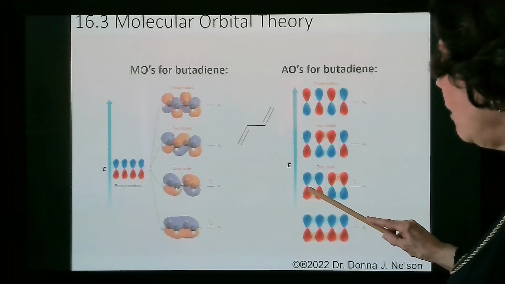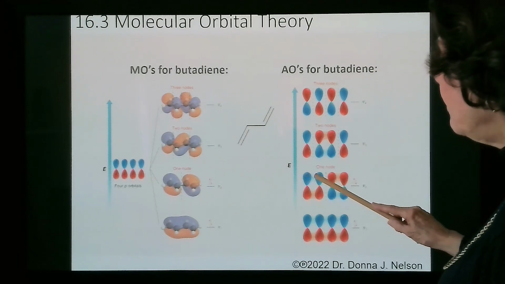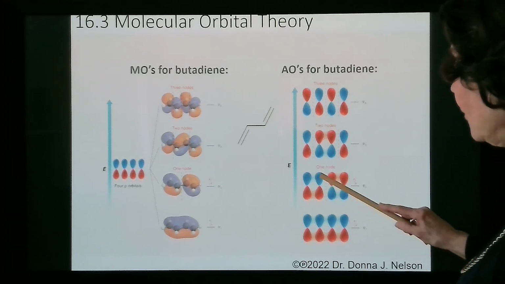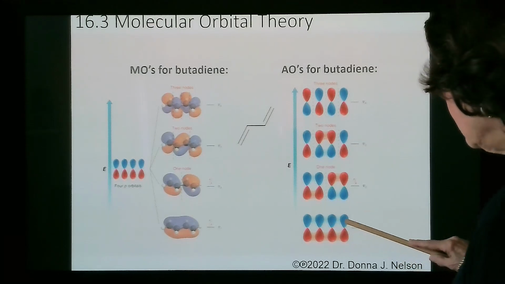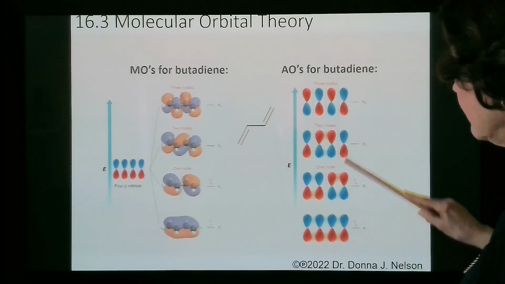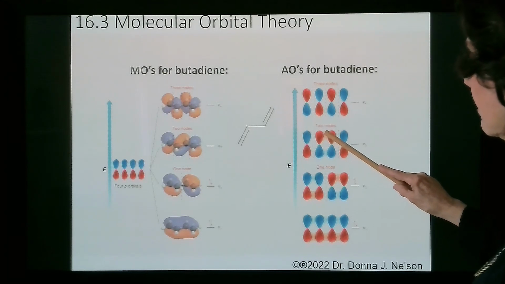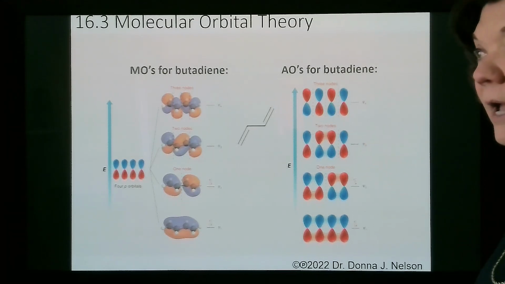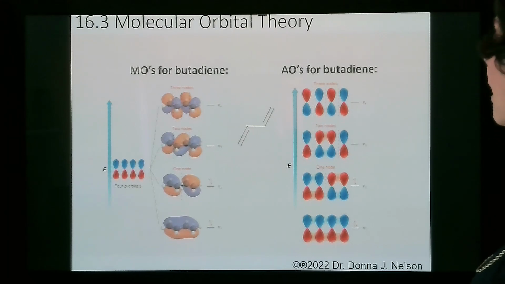So you can have overlap between the orbitals that are of the same sign. And so that's here, or all across here, up here, and here there's no constructive interaction, no constructive overlap.